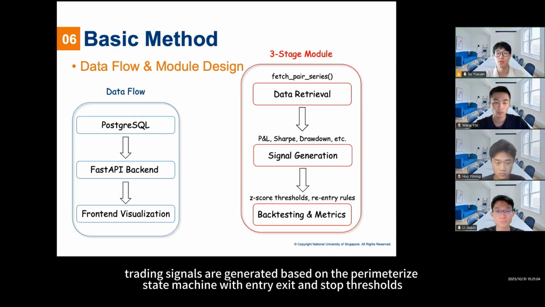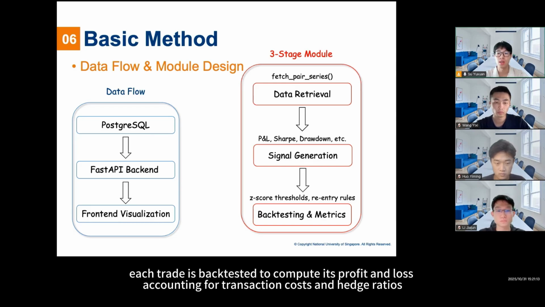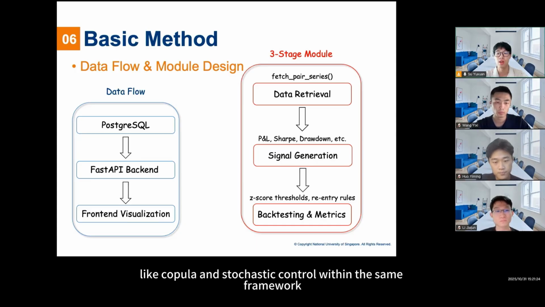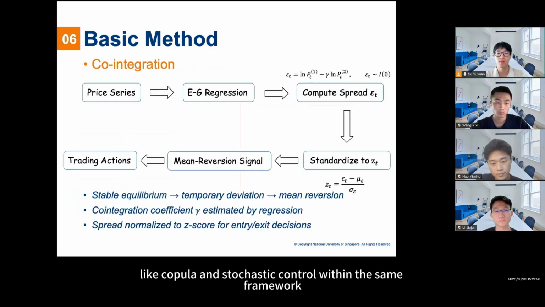Trading signals are generated based on a parameterized state machine with entry, exit, and stop thresholds. Each trade is backtested to compute its profit and loss, accounting for transaction costs and hedge ratios. This modular design also allows us to integrate other strategies like copula and stochastic control within the same framework.